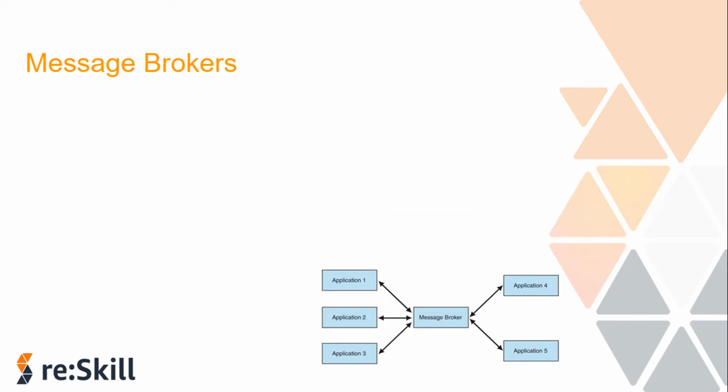Now let's discuss a little about message brokers. Message brokers are often used to manage communications between on-premises systems and cloud components, basically in hybrid cloud environments. It's software that enables applications, systems, and services to communicate with each other and exchange information.